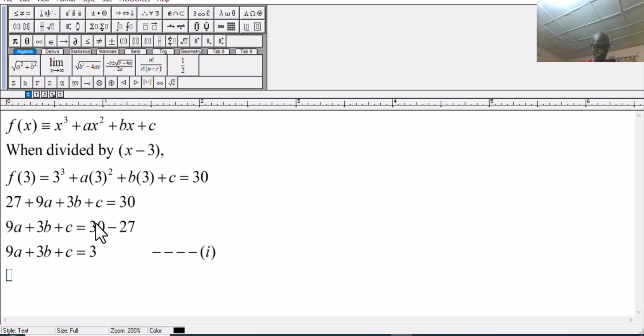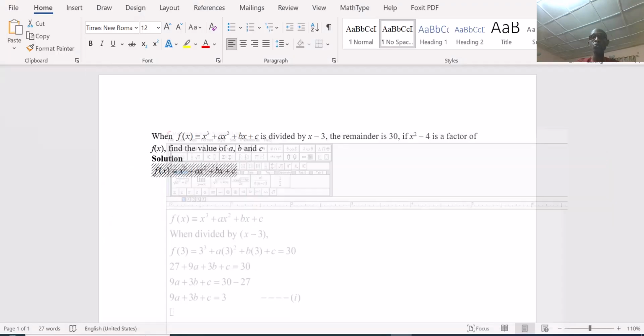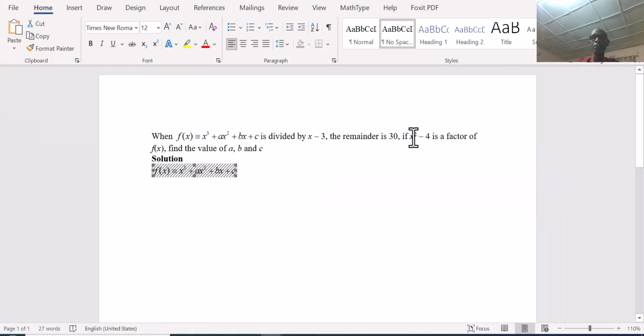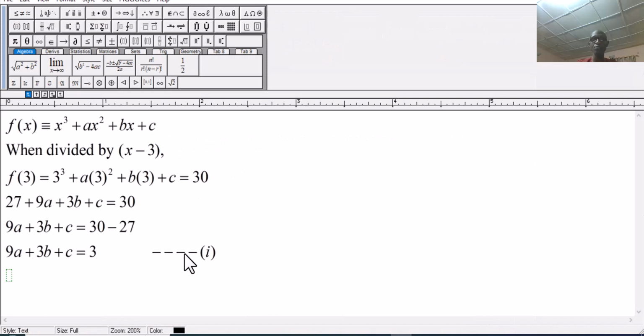So now when the question says that x squared minus 4 is a factor of f of x, that means there was no remainder when x squared minus 4 was used to divide this f of x. So what it means is that x squared minus 4 is equivalent to x minus 2 and x plus 2.